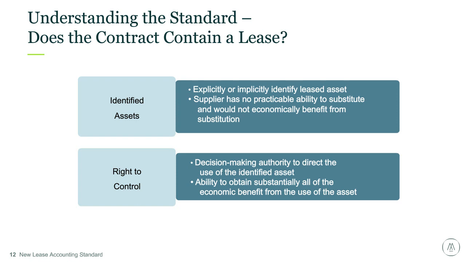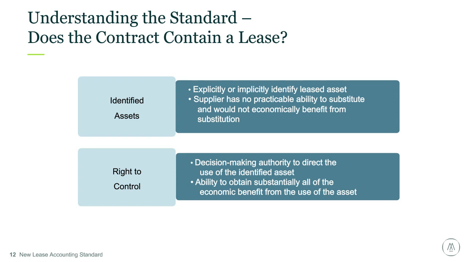If there's a practical ability to substitute the identified asset, and there would be a benefit from exercising that right. In these particular instances, this would be a scope exception that would push this particular agreement outside of the scope of ASC 842, as there is no identified asset.